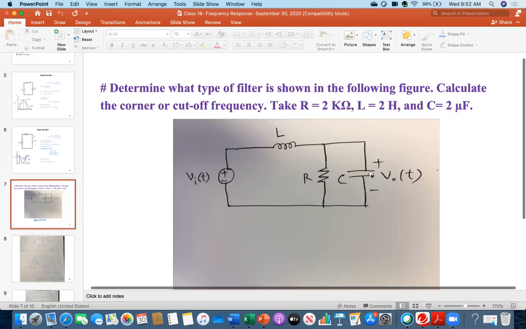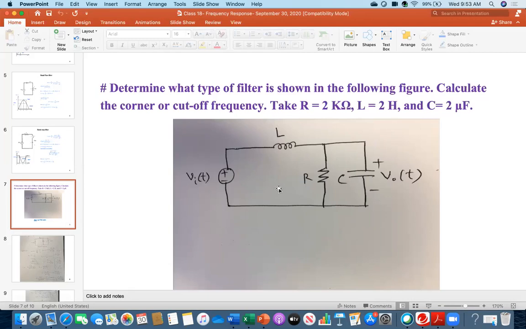This means that for this circuit, first find the total impedance, then find the total current, then find what current is flowing through C, and multiply that current by its respective impedance. That is your V0. Then you can make a relationship between V0 and Vi in terms of H omega, and by looking at that H omega you can determine the type, whether it is low pass, high pass, band pass or band stop.